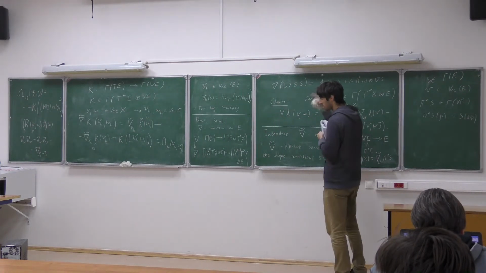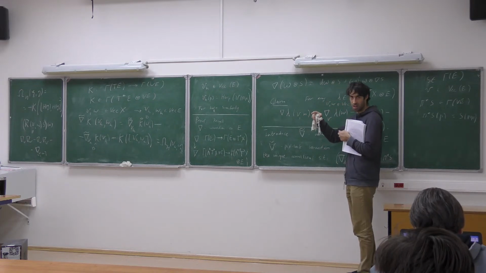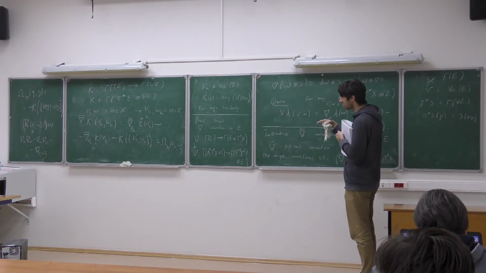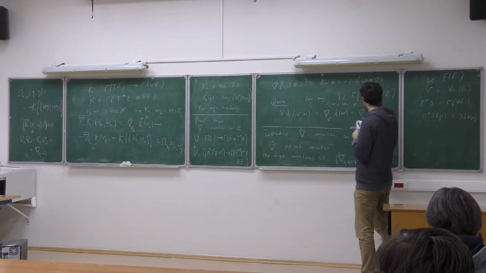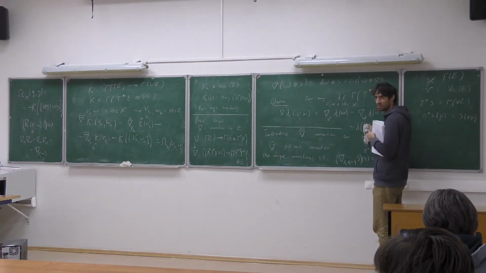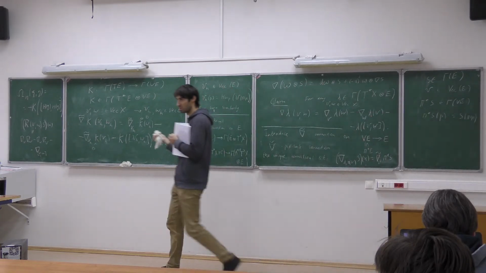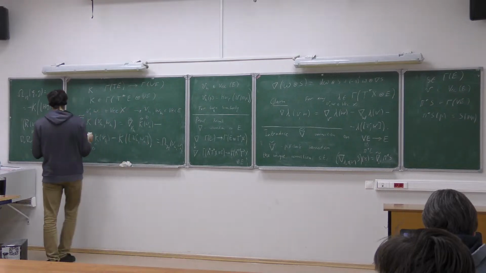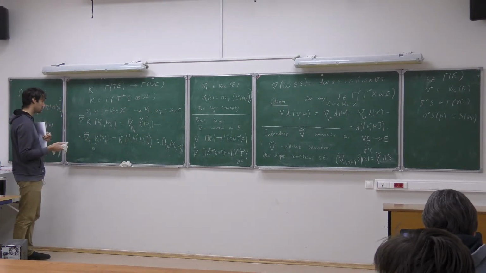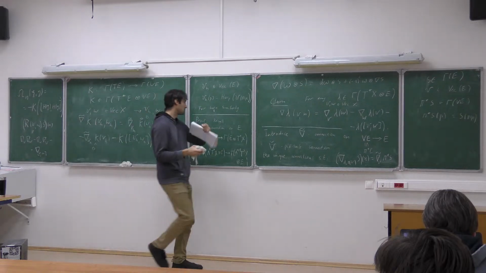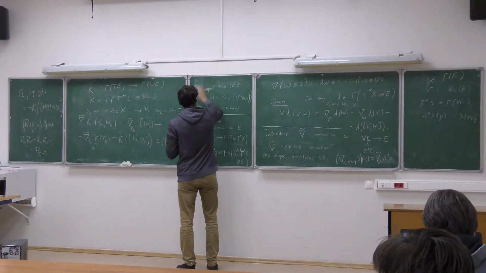To get the other part, I need to consider some vector fields such that the commutator of vector fields will be 0. So I will need some coordinates, because coordinates give me vector fields whose commutators are 0. So that's the thing.